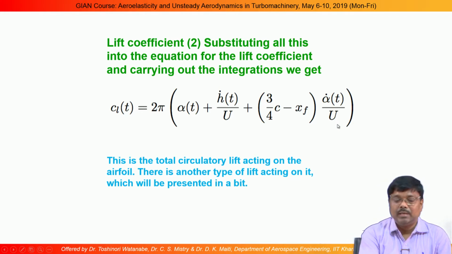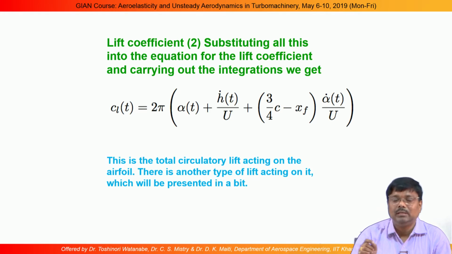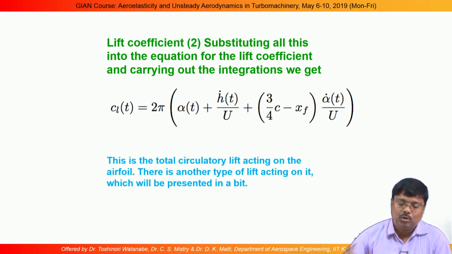Now, this 2 pi I have taken for thin aerofoil section, CL alpha is nothing but 2 pi. That is why I have replaced that CL alpha by 2 pi.